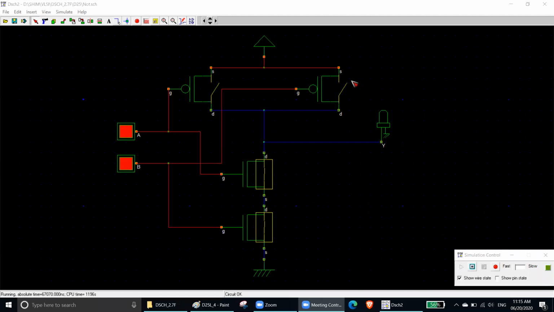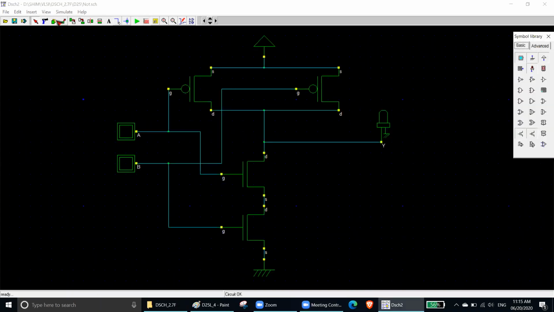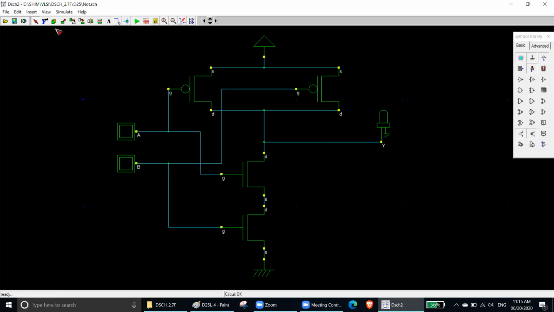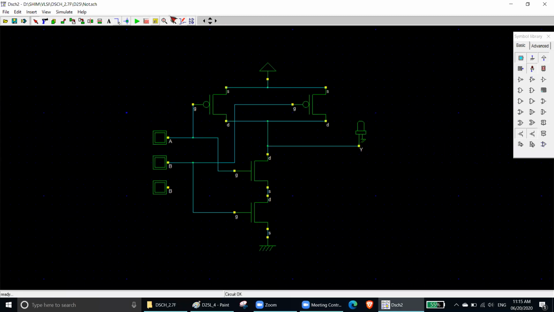Nothing. We just need one more input, right? One more input. So what do you have to do? We have to take the input and we have to replicate it. This will be our C. Let's make it smaller.